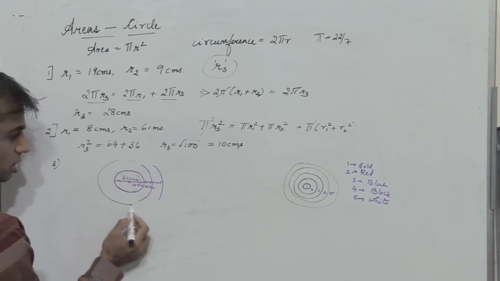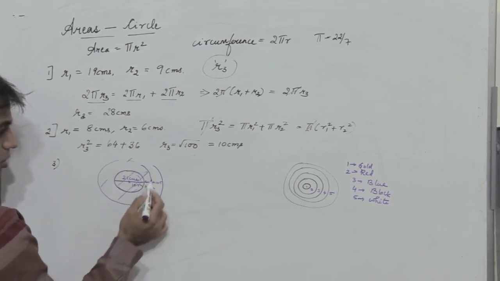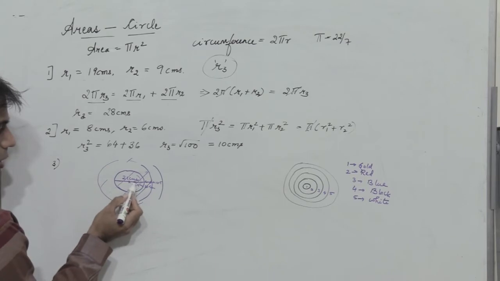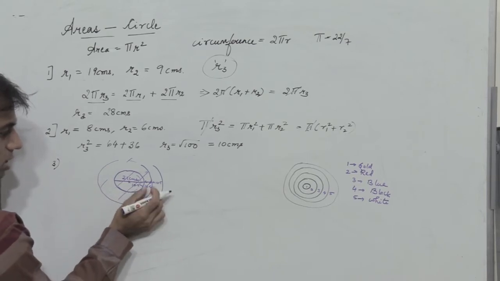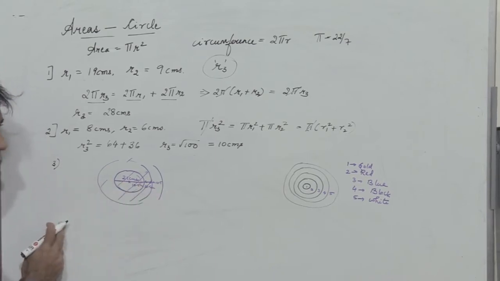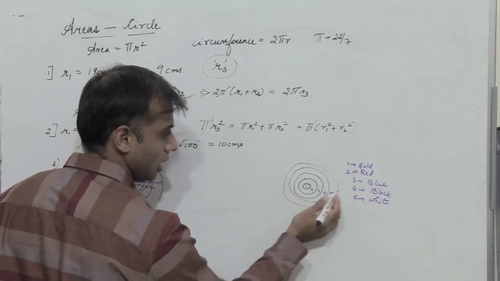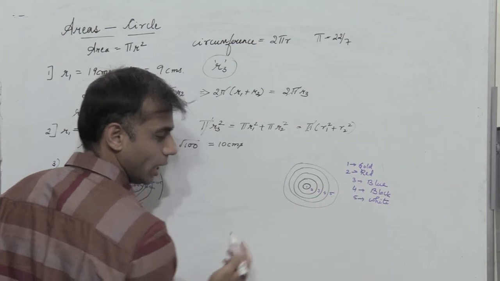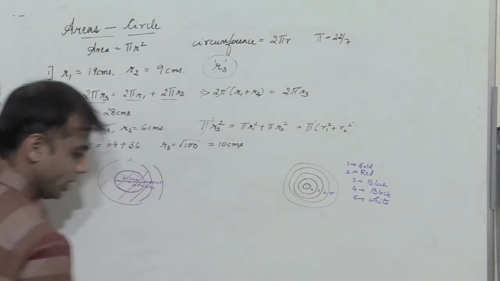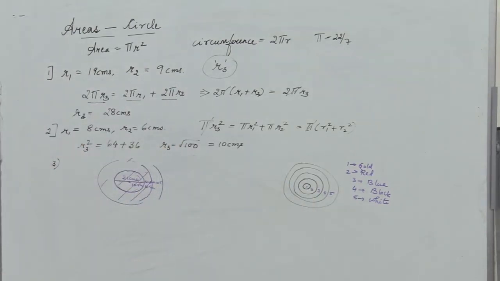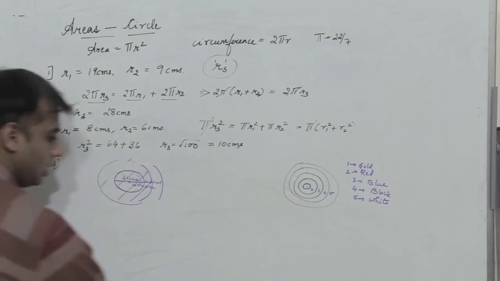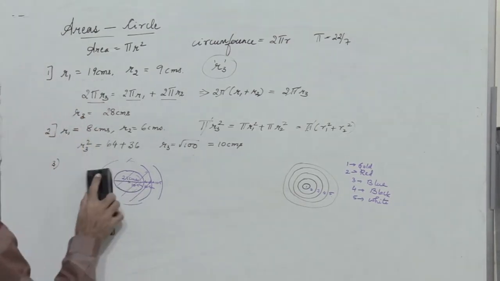So the entire region 2 is of radius 10.5 plus 10.5. Okay? Right? So here regions 2, 3, 4, 5 are red, blue, black and white. So we will see how we can calculate that. So first let us find the area of region 1.